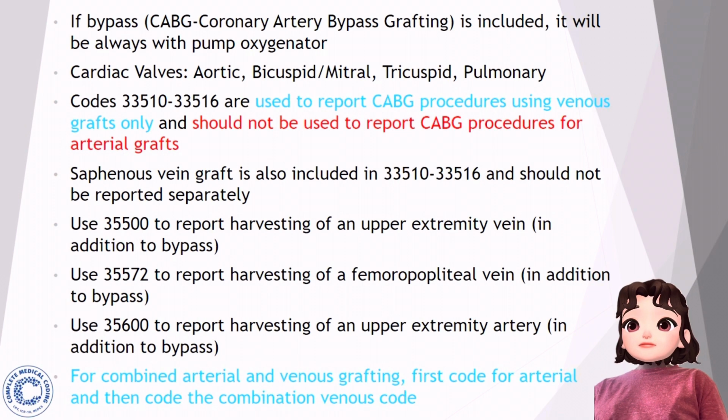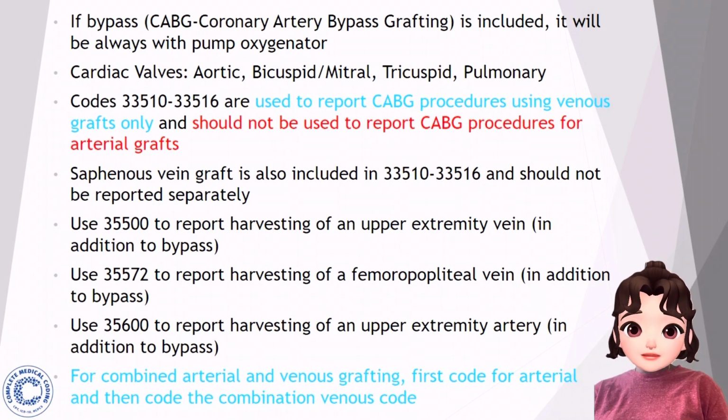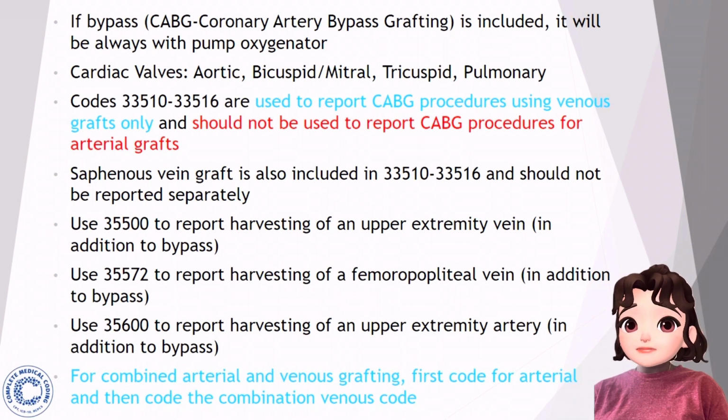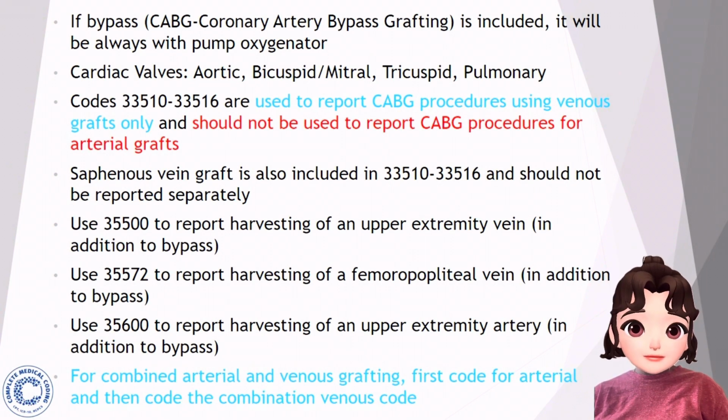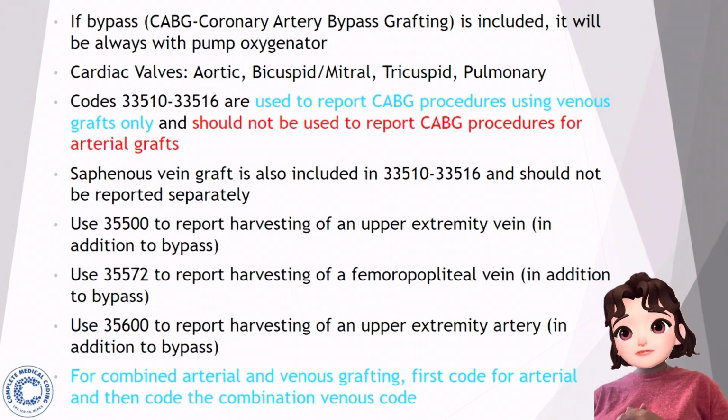It means if the question mentions a CABG surgery being done using venous graft, then we need to report only from this range, 33510 to 33516. From that you will get a code to report the CABG procedure using venous graft. We should not look for the code related to the arterial graft, if the question is related to venous graft only.